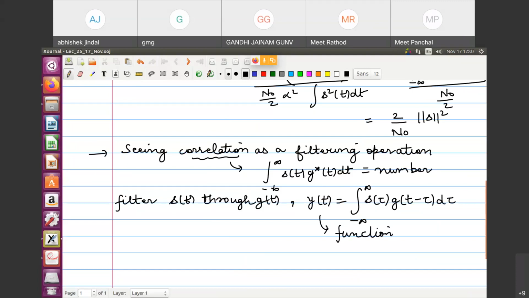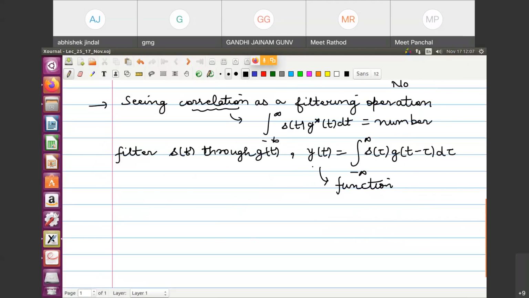Now the question is, can we obtain this number by putting some value of t? Let us say this number is a.